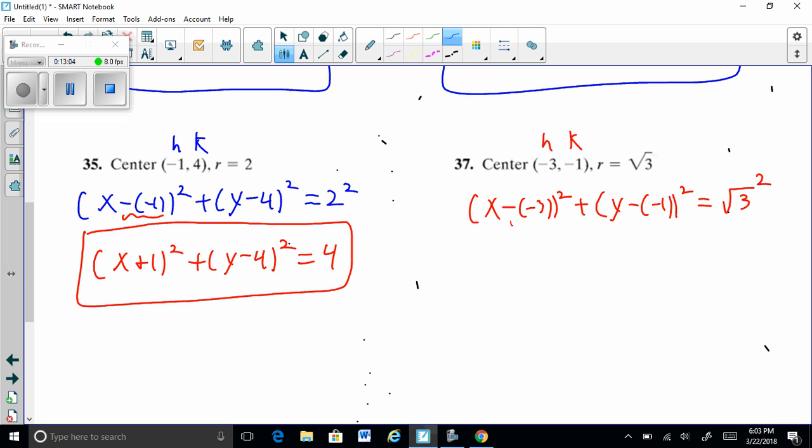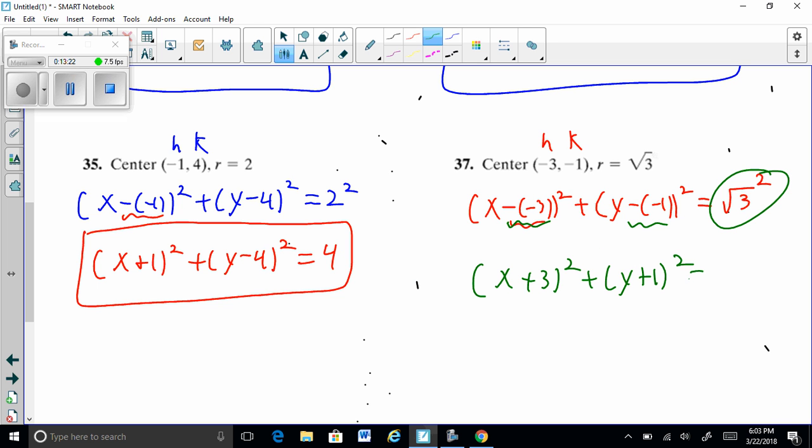So once again, clean it up a little bit. There we go. Clean up those double negatives. And then when you square a square root, that nullifies the square root. So we're going to get x plus 3 squared plus y plus 1 squared equals 3. And there's our equation.